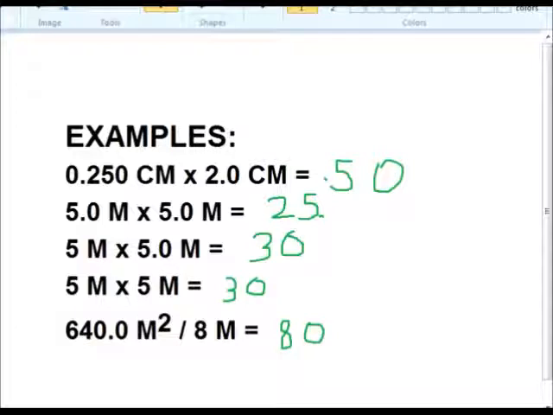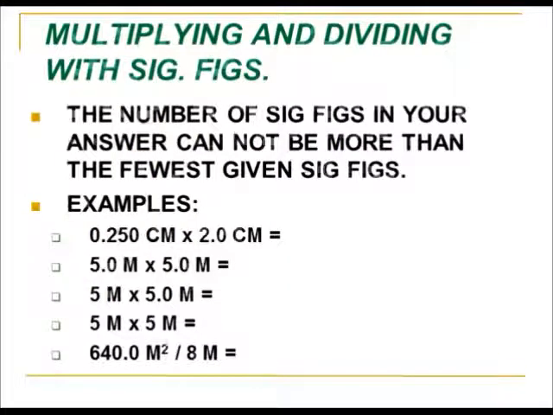So that's how we do some rounding and make sure that our sig figs only have as many as the fewest sig figs that you were multiplying or dividing with. Okay? Back to our slides here.